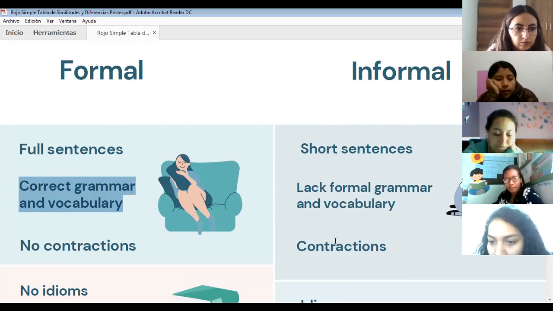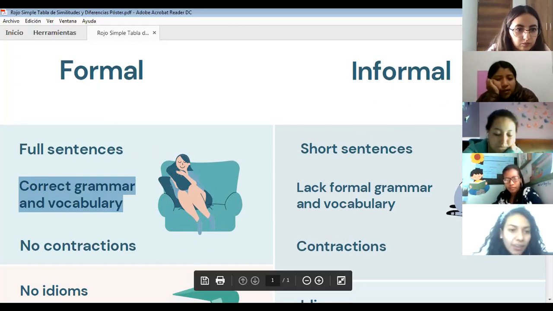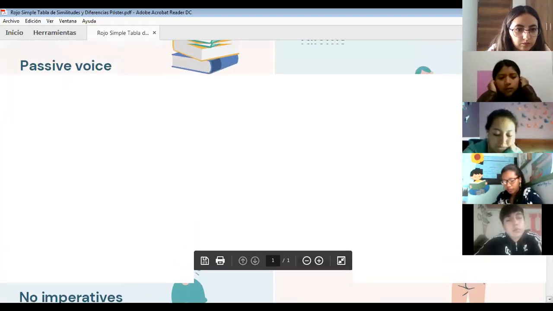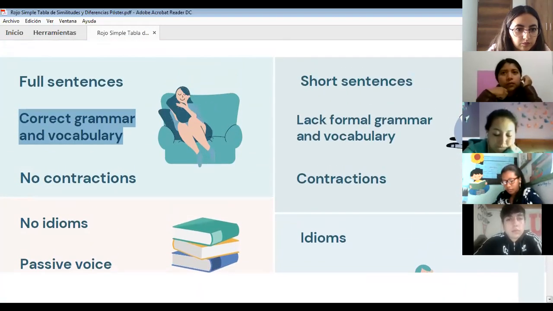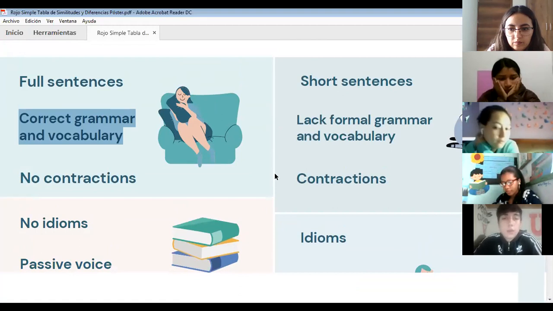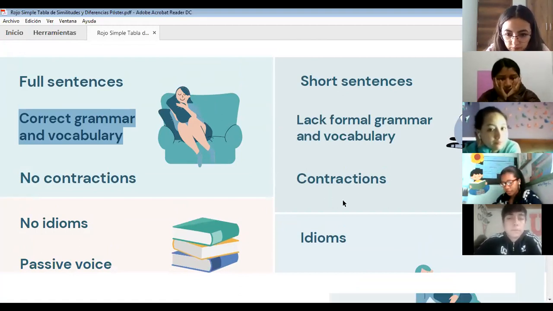Santiago Cando. Yes, teacher. Help me with the second. Formal, correct grammar and vocabulary, and informal, lack of formal grammar and vocabulary. What can you say about this, Santiago?